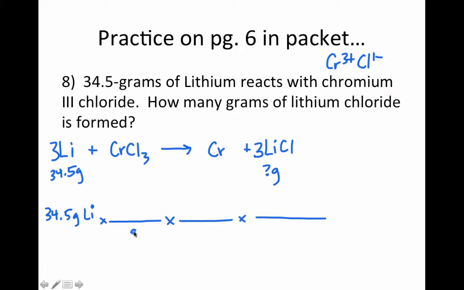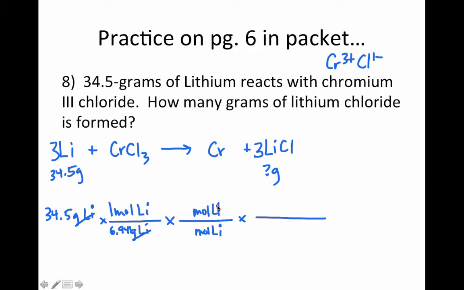We're going to do grams of lithium to 1 mole of lithium. Molar mass of lithium is 6.941. Grams of lithium cancels out. We're going to do moles of lithium on the bottom. This is our molar mass step.